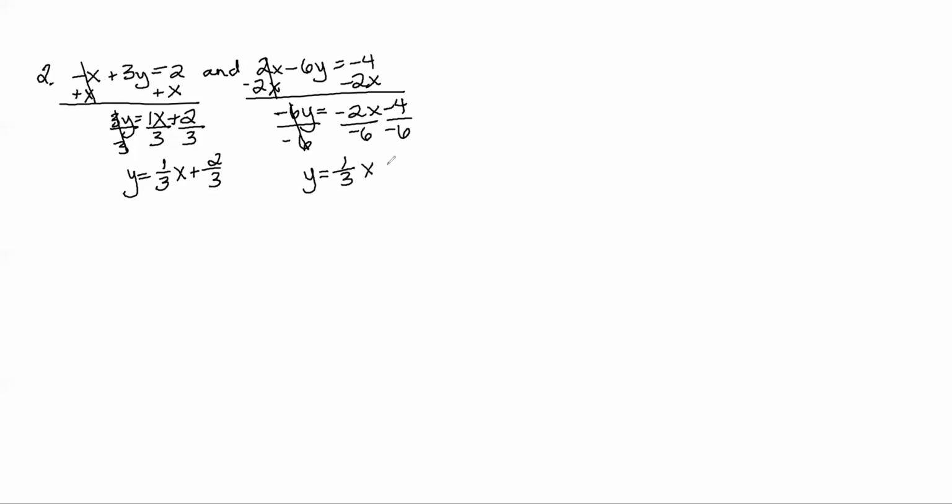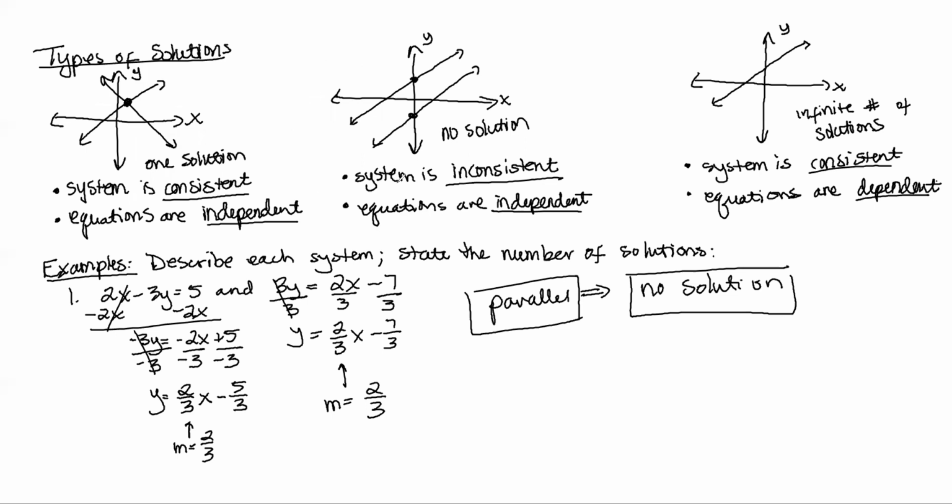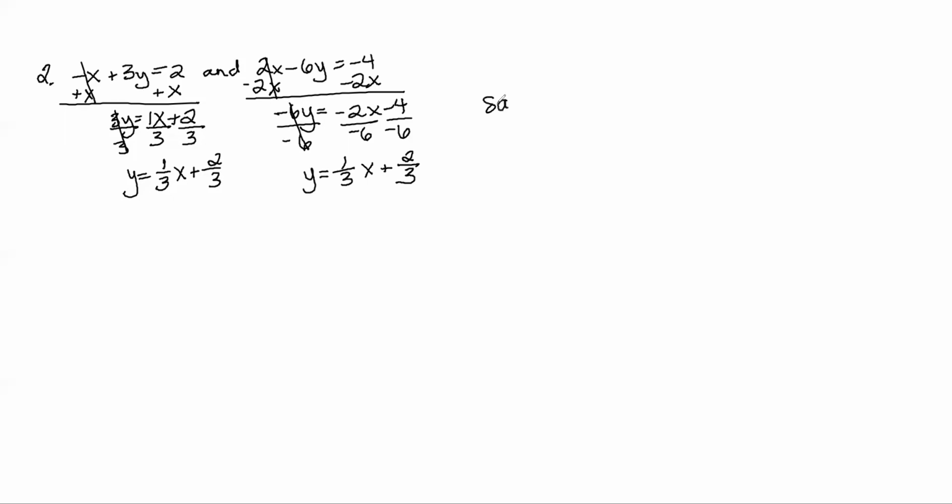And then again, positive 2/3. So with this one, we have the exact same equations, which means if we go back to our graphs over here, same equations means we have the same line. And the same line means that we have an infinite number of solutions.